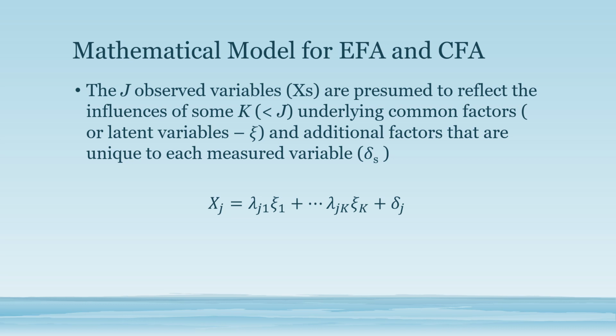Taken together, the mathematical model for both EFA and CFA is that the j observed variables, x, are presumed to reflect the influence of some k underlying common factors. These are latent variables, ξ, and the additional factors that are unique to each measured variable, that is, the error term, δ.